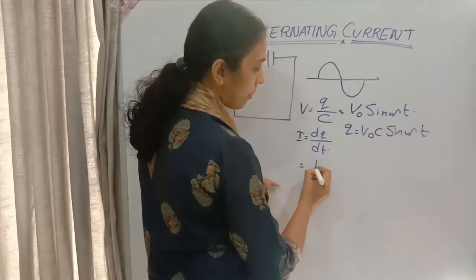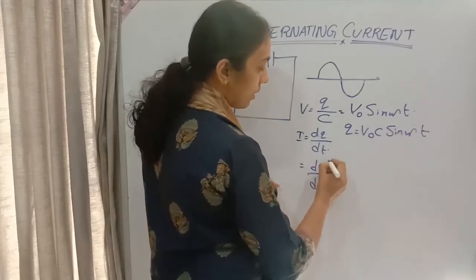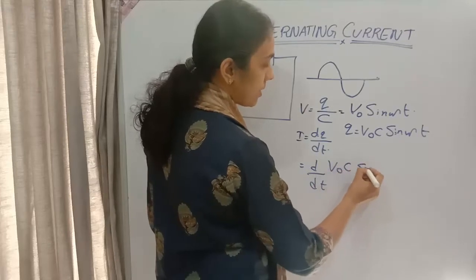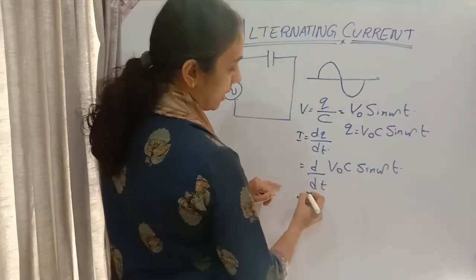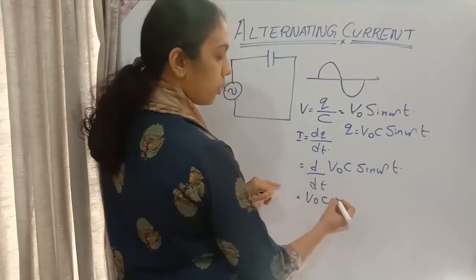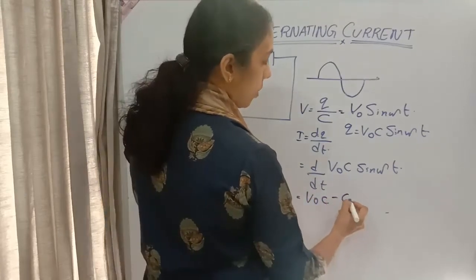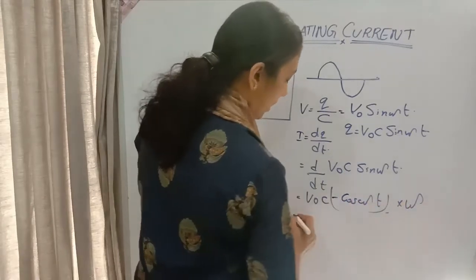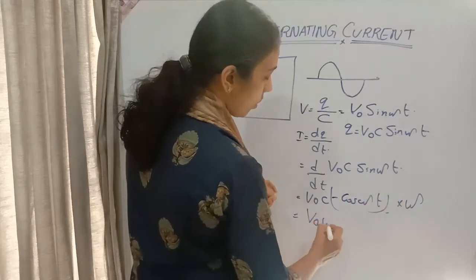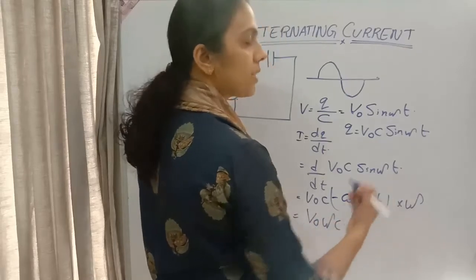Therefore, d by dt of V0 C sine omega t. V0 C is common, and the derivative of sin omega t is cos omega t into omega. So we can write it as V0 omega C cos omega t.